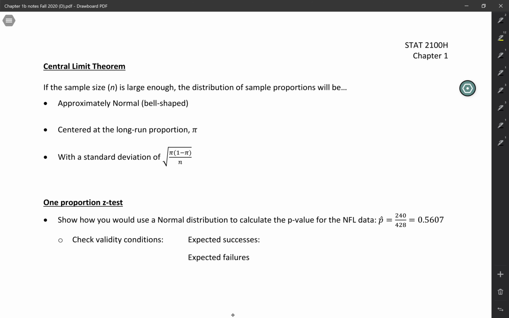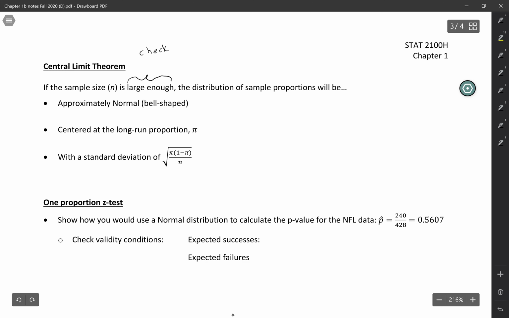So what we've just informally proved using the applet is called the central limit theorem. The central limit theorem says that if the sample size is large enough, then the distribution of sample proportions is going to have certain features. A couple things here. When we say large enough, that's where the validity conditions come in, right?